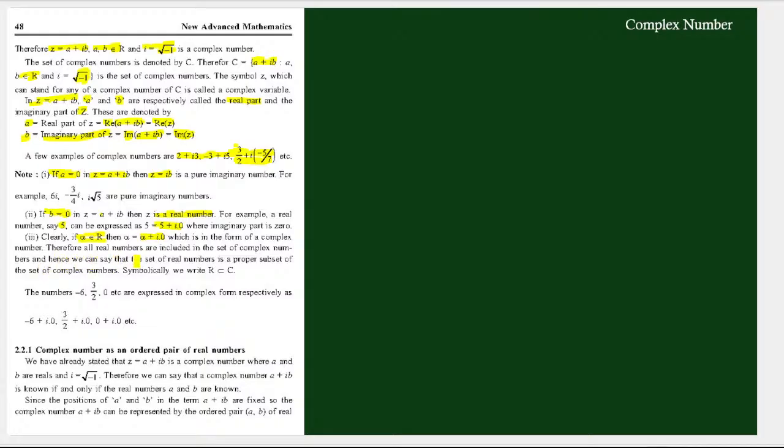And hence we can say that the set of real numbers is a proper subset of the set of complex numbers. That means complex number is bigger than real number.